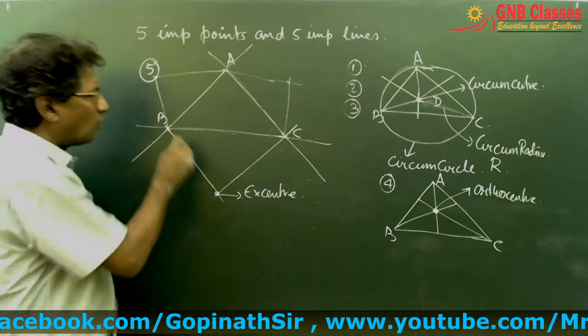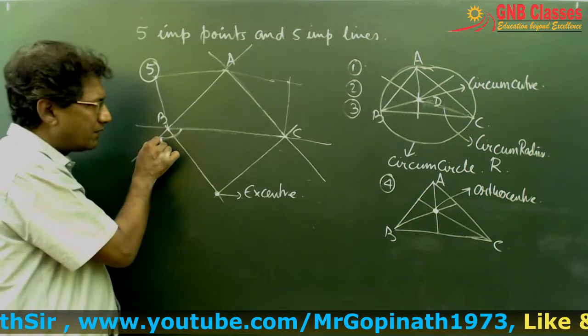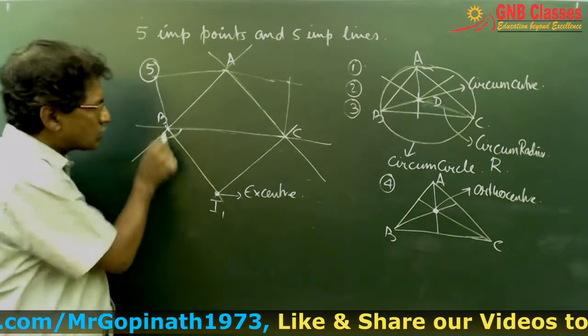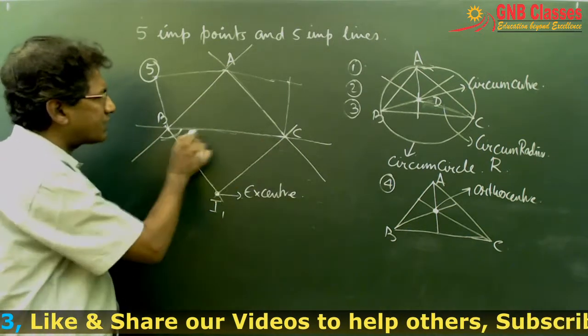Okay. Now, this angle, this is what? This is the exterior angle. Now let us say this one is I1. So BI1 is basically the external angle bisector of this angle.